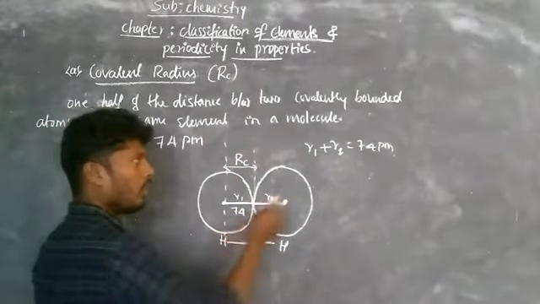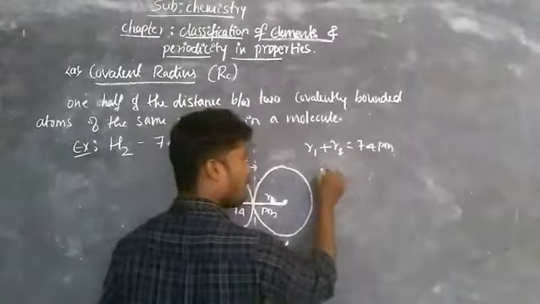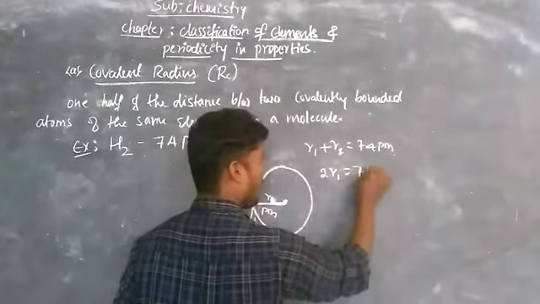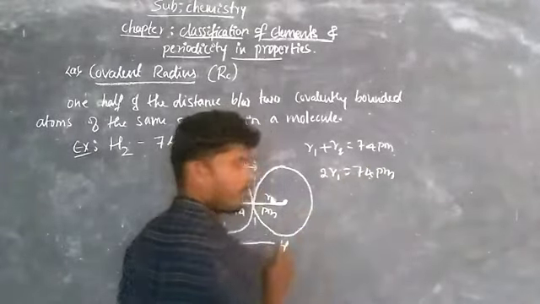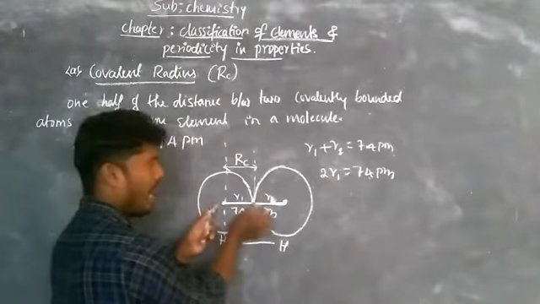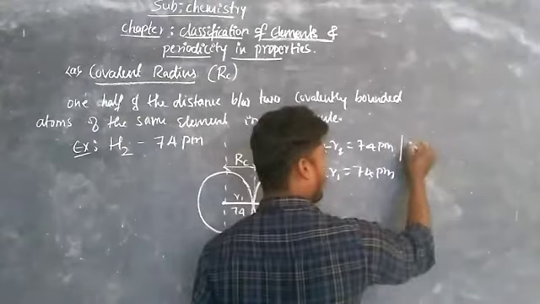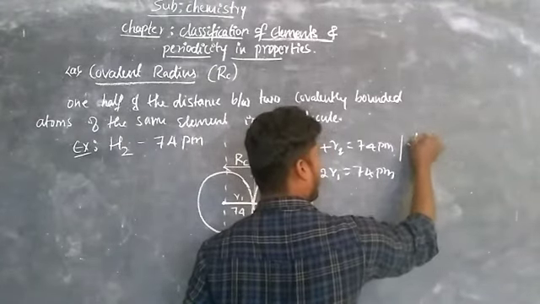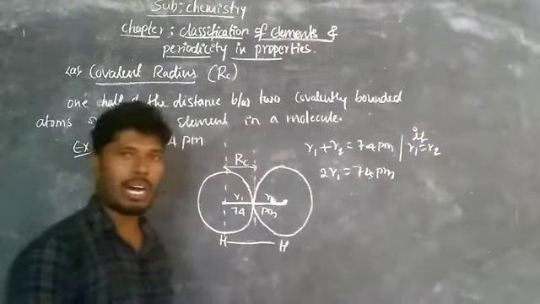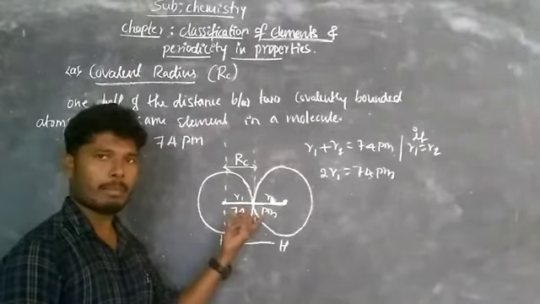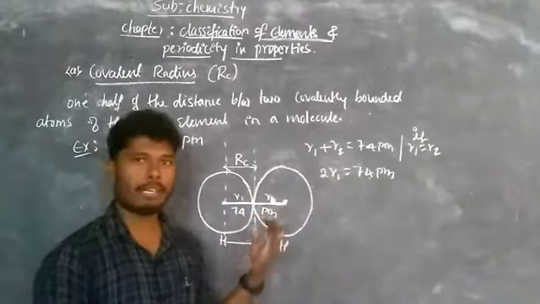Therefore R1 plus R2, those two become 2R1, that is equal to 74 picometer. Because R1 is the same as R2. If R1 is equal to R2, both are the same. Therefore 2R1 is equal to 74 picometer.